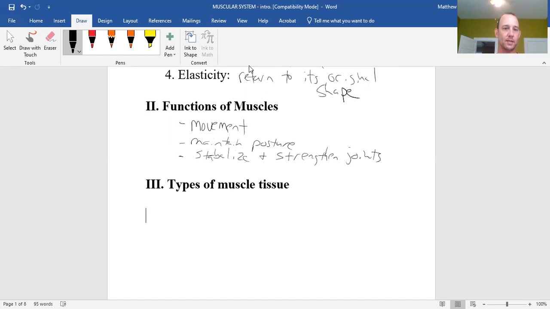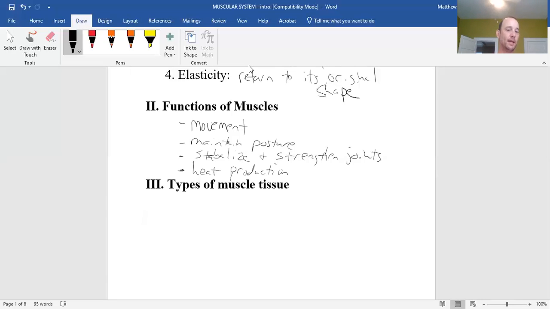And last but not least, and there's probably several more functions we could come up with, one of the things we often overlook is your muscles help with some heat production. Anytime a muscle contracts, that requires energy. Any byproduct of energy is heat production. Again, in times when you're cold, that you shiver and stuff like that, your muscles are helping you to generate some heat to keep you warm.